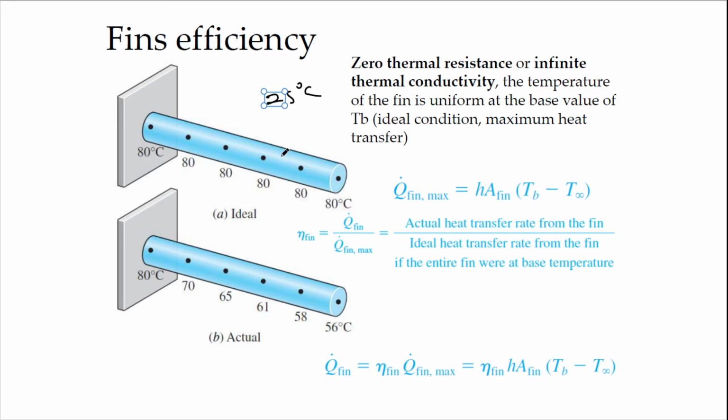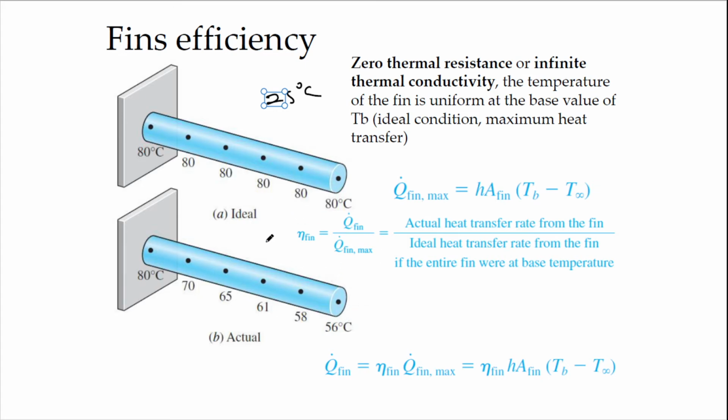But eventually the temperature deviates from 80 because the heat transfer rate is not the same at each location, so you have a temperature gradient. This is the actual case: with an ambient of 25 degrees C, you have different temperatures along the fin, 80, 70, and 56.